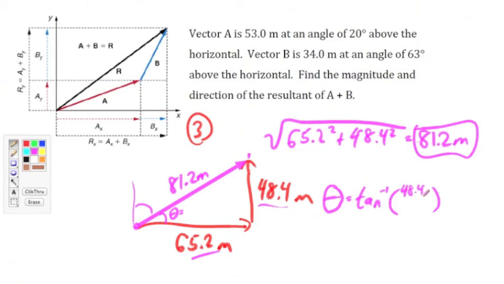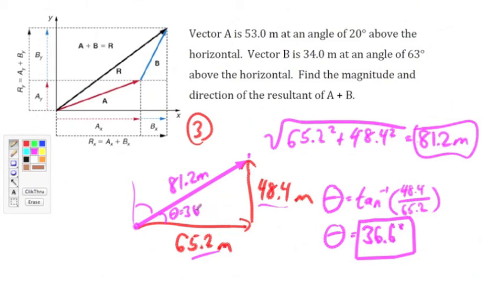So if I take my opposite, 48.4, over my adjacent, 65.2, and I calculate the inverse tangent of this quantity, I will get 36.6 degrees. And do make sure your calculator is in degrees when you do this kind of problem. But then that will tell us everything that we need to know about this combined vector, this resultant: 36.6 degrees, 81.2 meters for the magnitude. That's it.